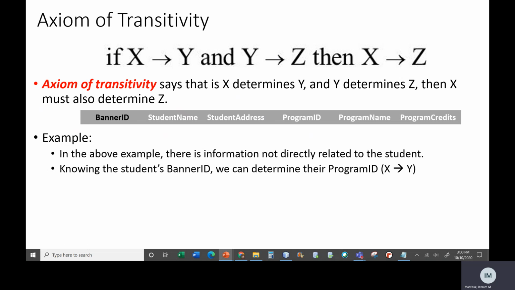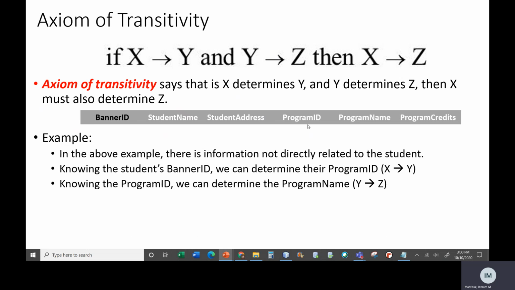Now, if I know the banner ID, I can determine what program they're in, right? And if I know the program that they're in, I can determine the name. And if I know the name, I, of course, can determine the credits. But if I think about it, banner ID telling me the student and the student telling me the program ID, and then program ID telling me the program name, that means banner ID is determining the program name.